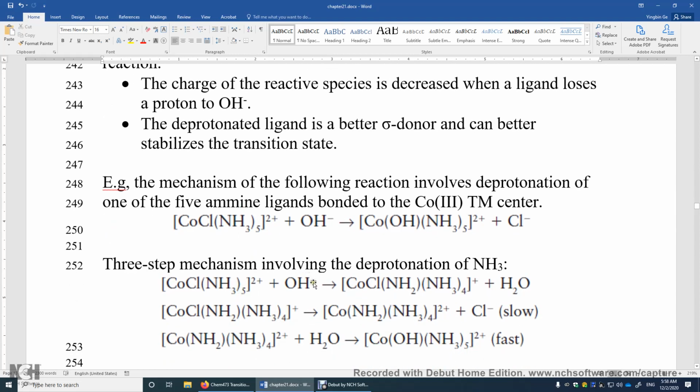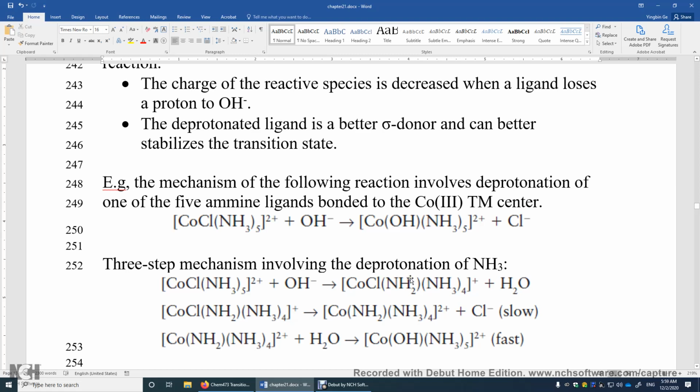Step 1, the OH- hydroxide ions in the solution may remove a proton from one of the amine ligands. So out of these 5 amine ligands, one of them becomes NH2-, and this NH2- is a much better sigma donor and can donate lone pair electrons.